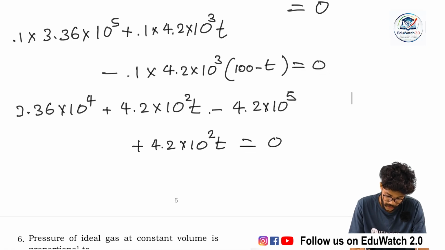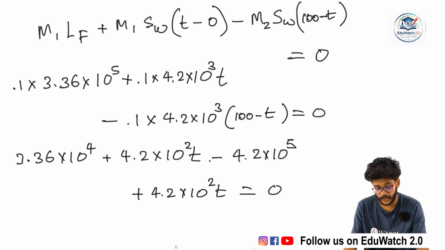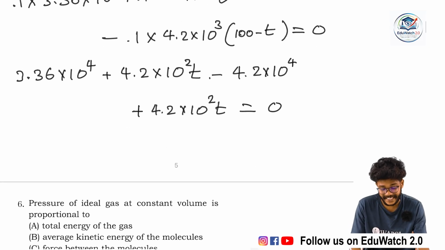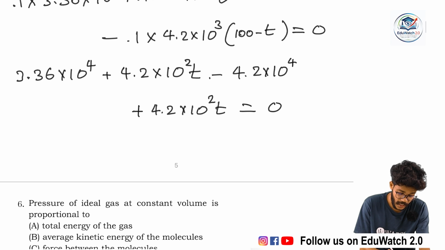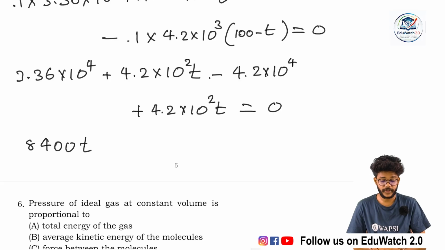Because 0.1 into 100 is 10, and 10 into 10 raised to 3 is 10 raised to 4. So 4.2 into 10 raised to 2 T plus 4.2 into 10 raised to 2 T means 8.4 into 10 raised to 2 T, which we can write as 8400 T.